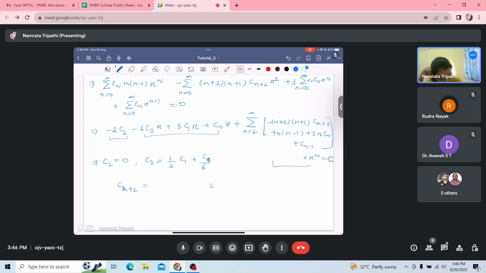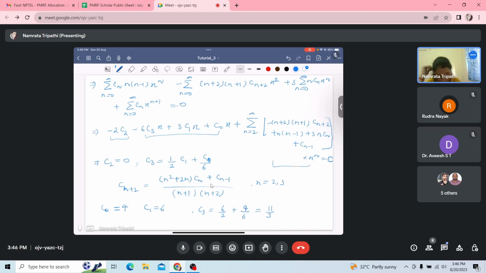I'm going to write directly, n varying from 2 to 3, and C naught is given with the help of initial condition. C naught is 4, C1 is 6. So we can calculate C3. What is C3? 6 upon 2 plus 4 upon 6. So this will give 11 by 3.